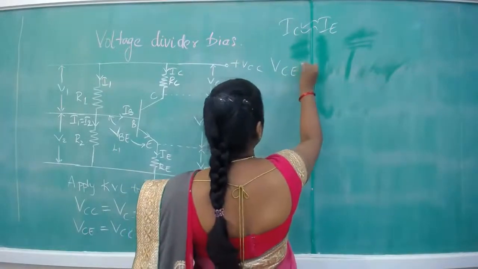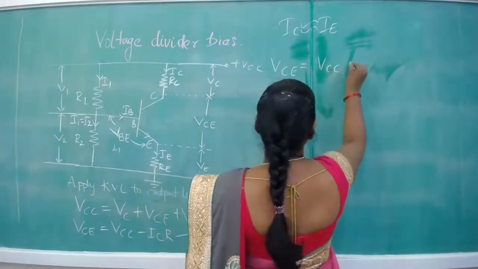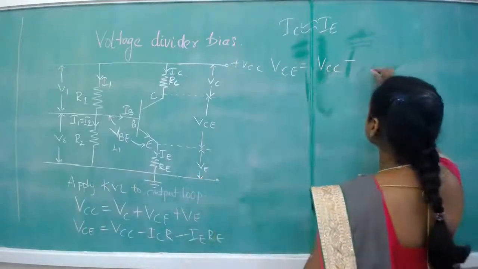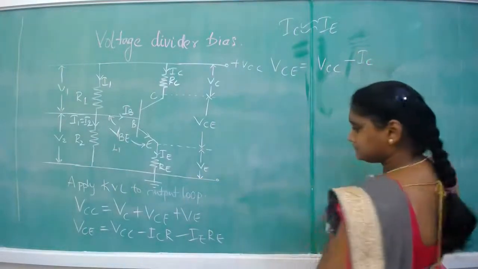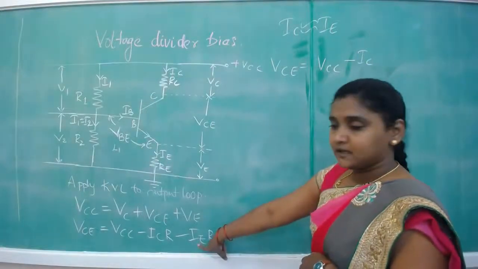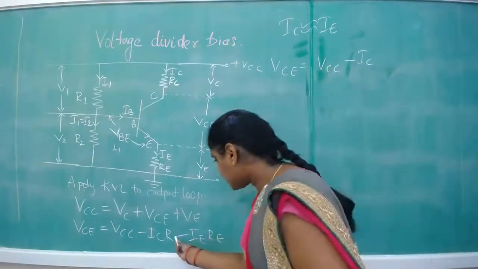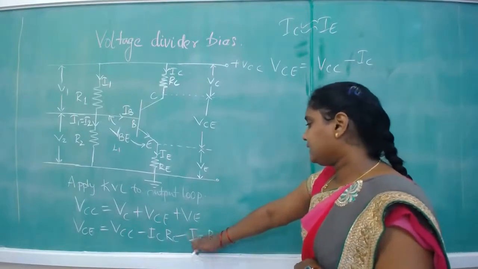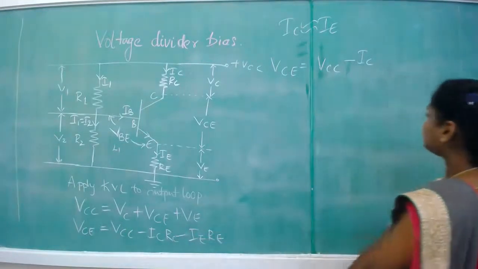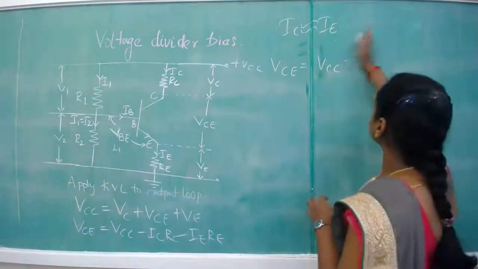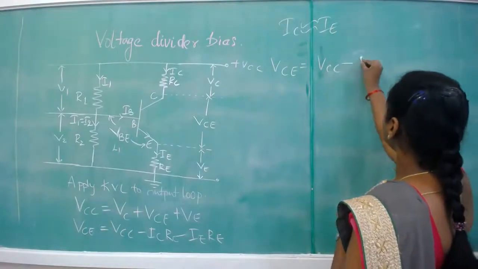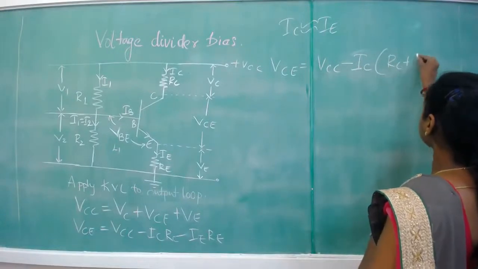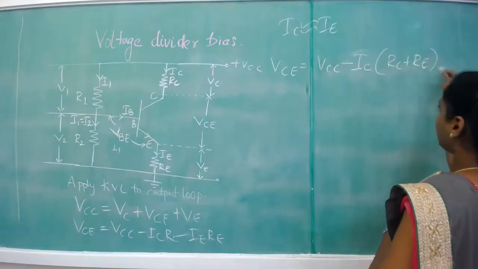Now substituting there, what we are going to get now? VCE is equal to VCC minus IC RC minus IC RE. In place of IE, if we take IC, we can take IC common. So VCE is equal to VCC minus IC into RC plus RE.